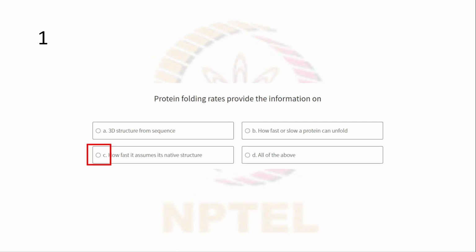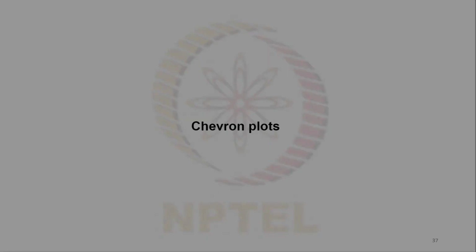How fast or slow a protein can unfold depends on its stability value. How fast it assumes its native structure is the protein folding rate.